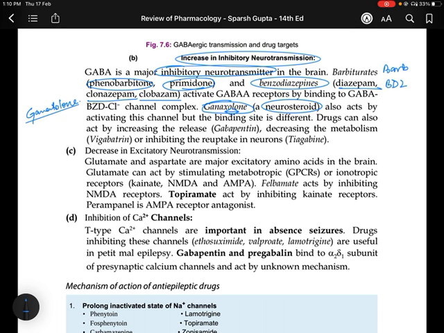Now drugs can also act by increasing the release of GABA, like gabapentin, by decreasing the metabolism, obviously vigabatrin, and by inhibiting the reuptake, tiagabine.